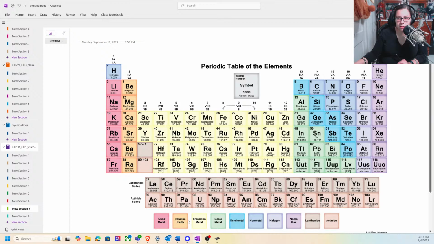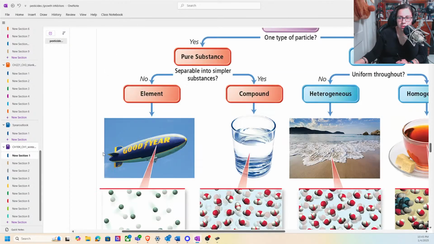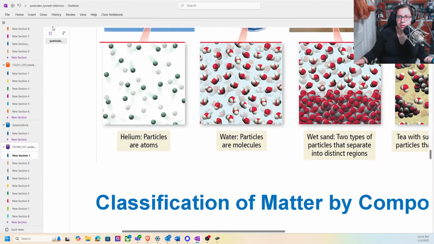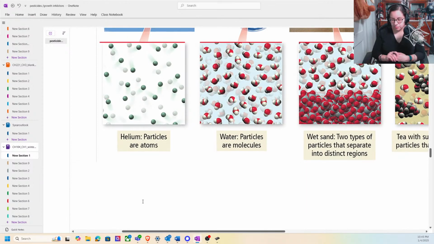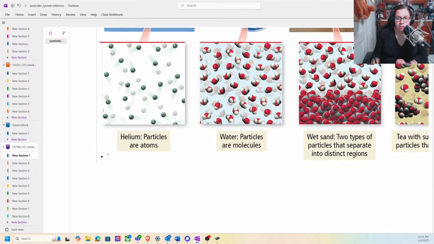Let's look at some other scenarios for elements that sometimes confuse students. Let's clarify here. We said they had to be found on the periodic table, and the other key factor is that they are going to be one type of element.